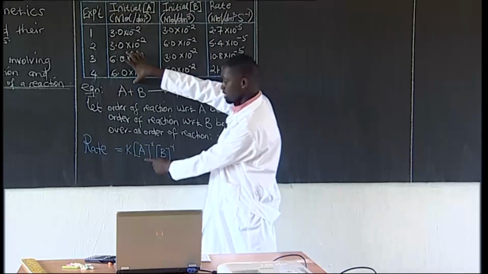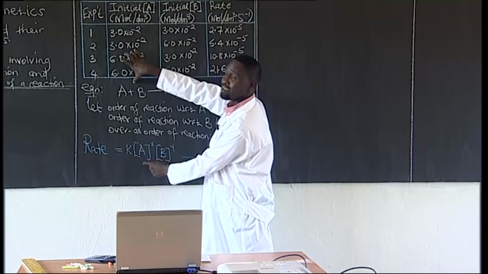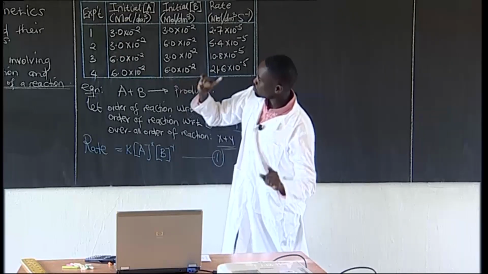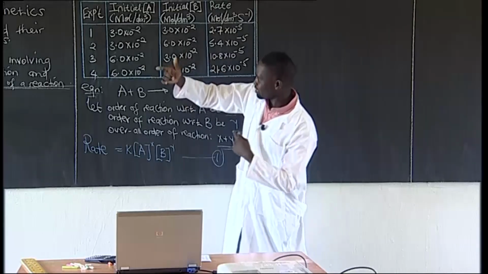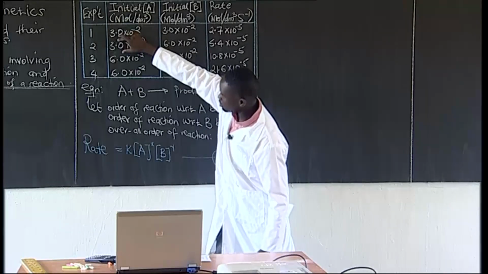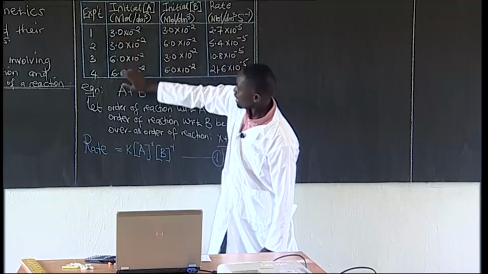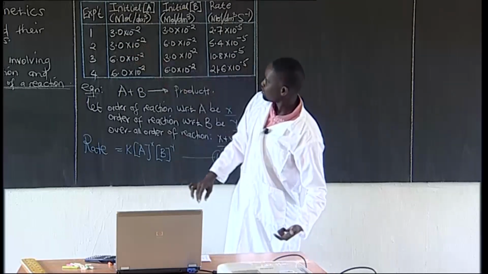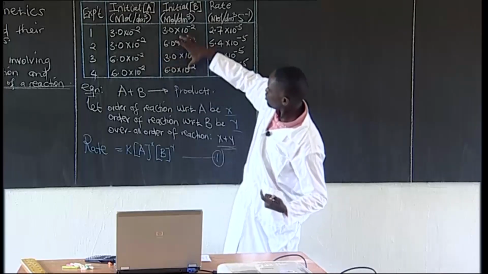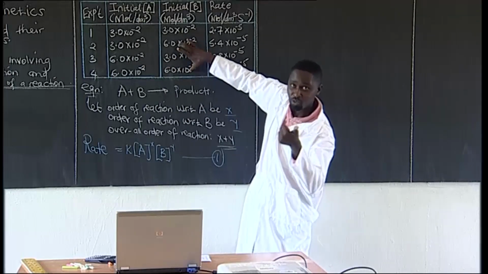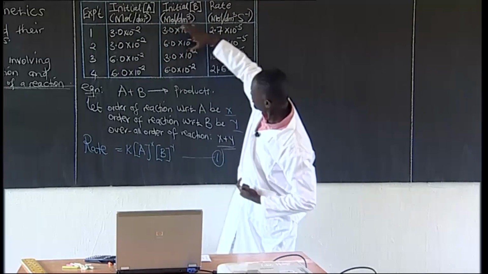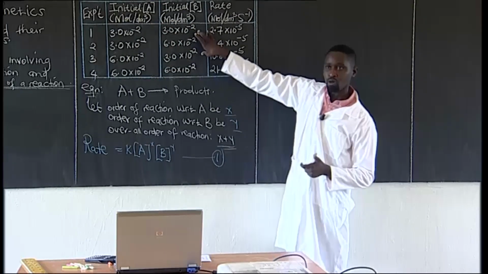Remember, we are still looking at reactant A. So what do we need? We need to find where the concentration has doubled or has changed. You see it is experiments 2 and 4, or experiments 1 and 3. In 2 and 4, B is remaining constant. Do we see that? Excellent. In 1 and 3, B is also remaining constant.